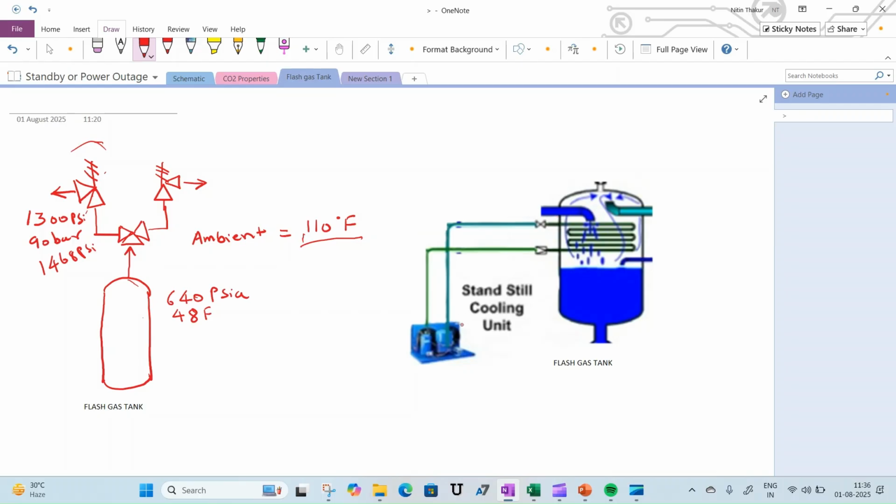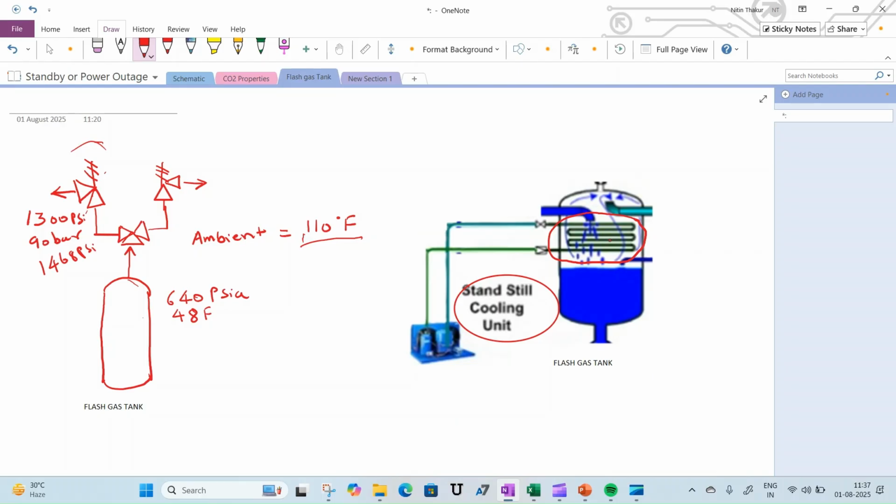What we do is we give what we call a standstill cooling unit, or let's say cooling coils. Inside the flash gas tank, we have refrigerant coils.